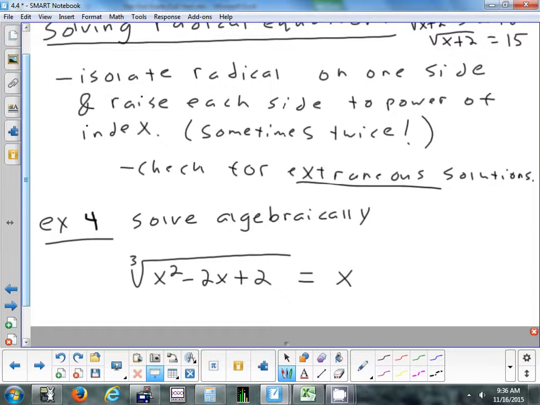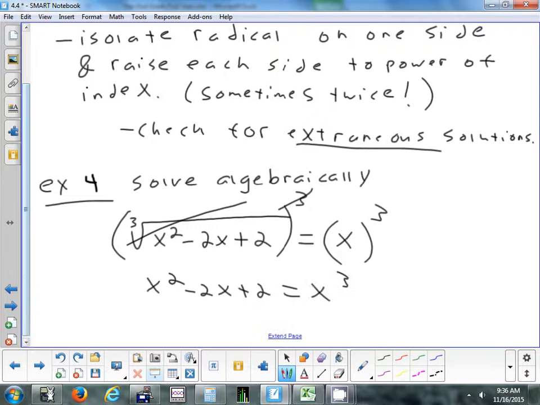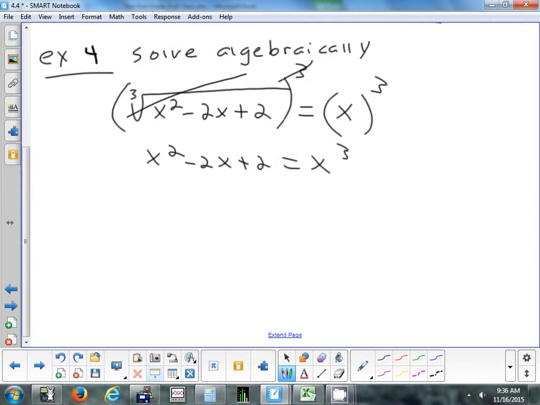Cube. Okay, we're going to cube each side. Cube, cube. Right. So now we've got x squared minus 2x plus 2 equals x cubed. Derek, when we solve equations with higher powers, we try to get what number by itself on one side?